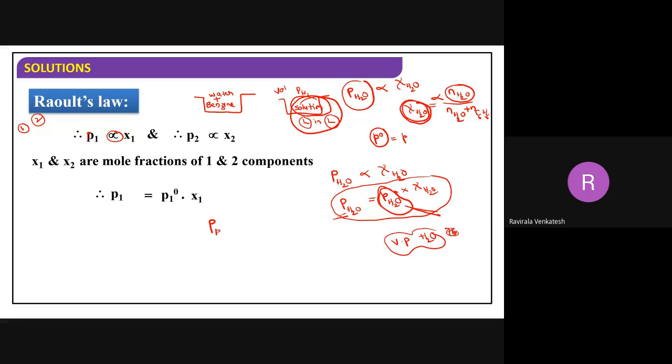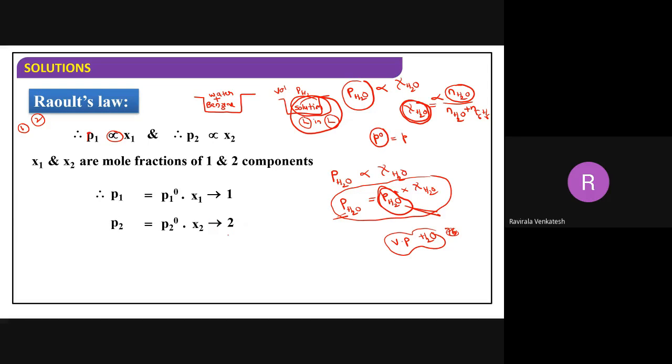Partial pressure of benzene means the pressure of the benzene in the solution. Then the vapor pressure of pure benzene I am taking, into mole fraction of benzene. So these formulas are very, very important for us to do many problems actually. So we got like this.